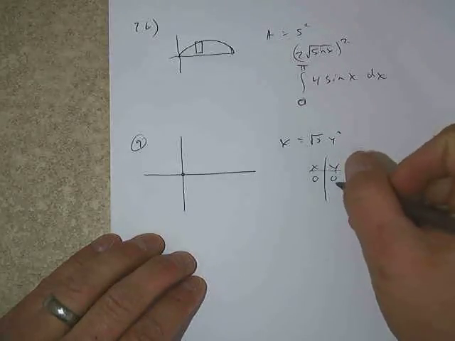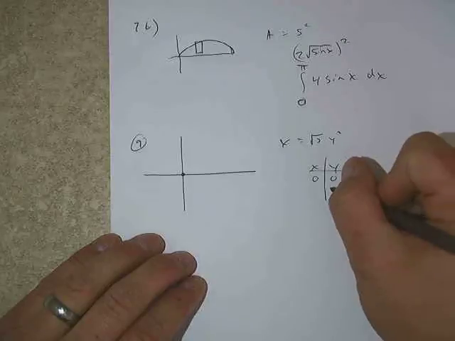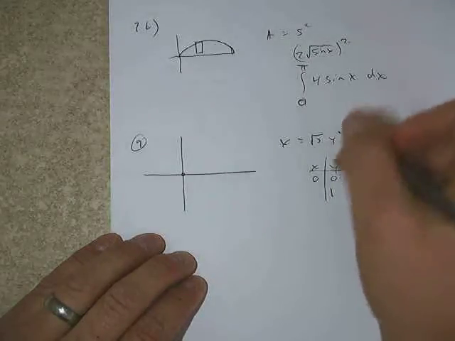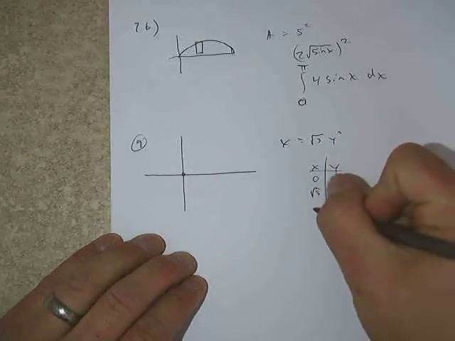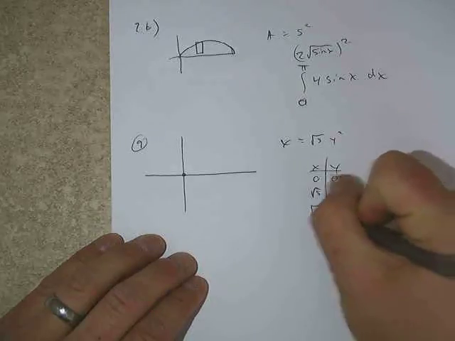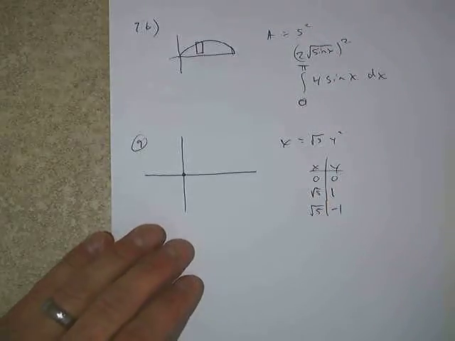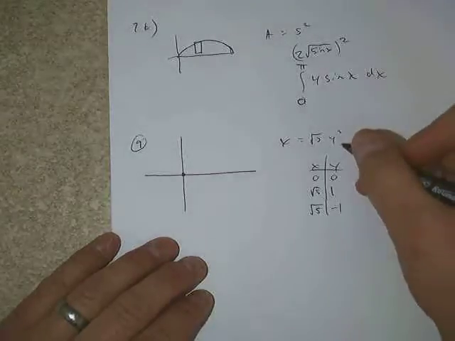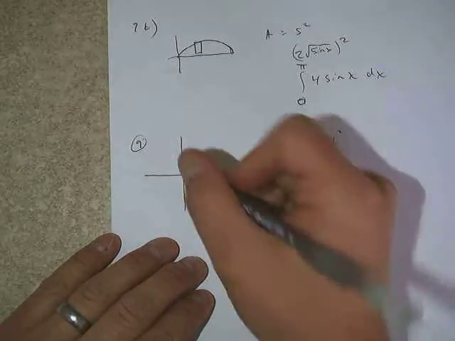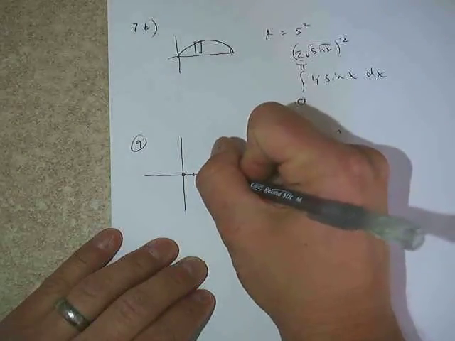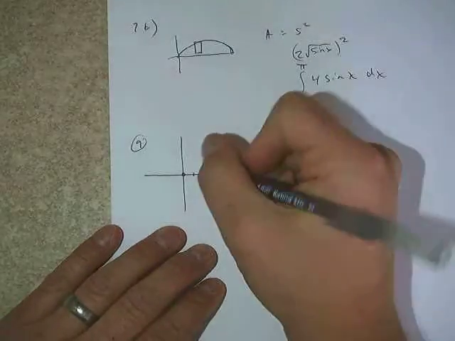And if we pick some other values for y here, it really doesn't matter what we pick here. If we just picked 1 for y, our x would be radical 5, and negative 1 would also be radical 5.